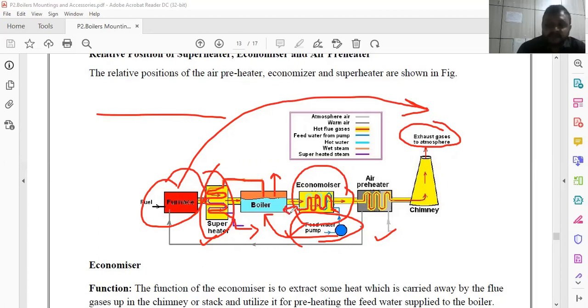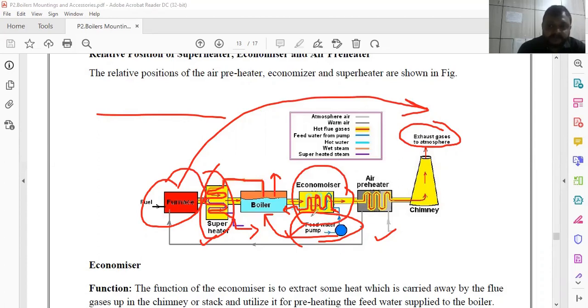So what happens here is that preheated water is supplied, so the boiler has less effort to generate steam compared to using normal water. That feed water is preheated by the wasted energy available in the exhaust gas. That is the way we can improve the efficiency of the boiler plant.